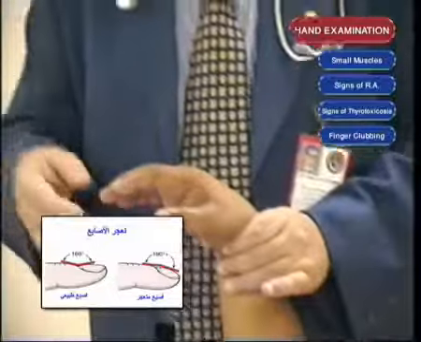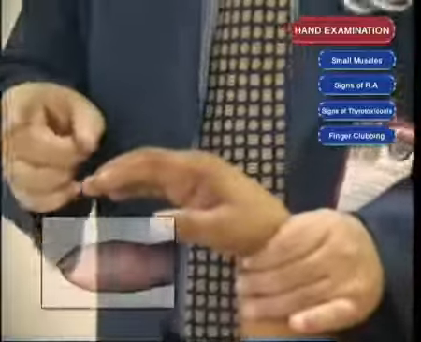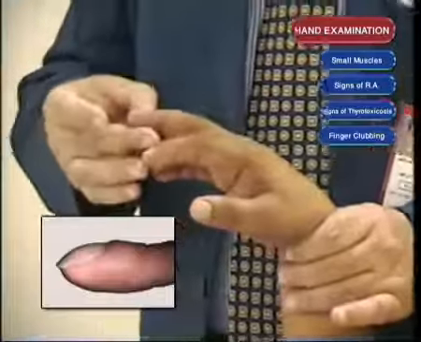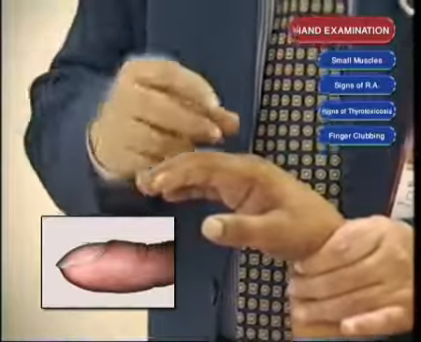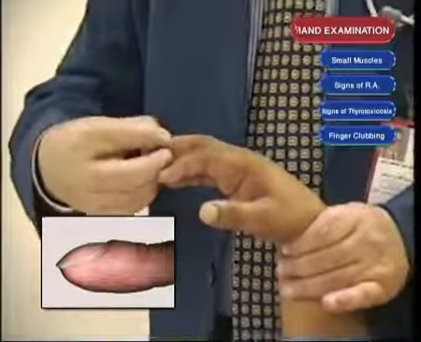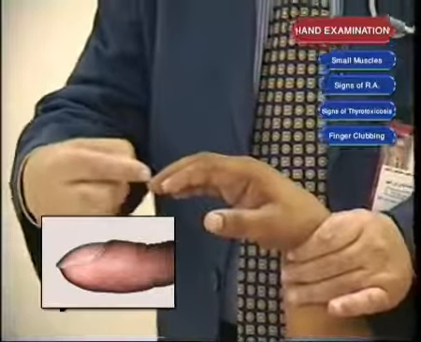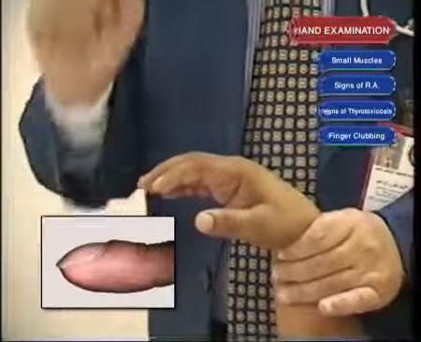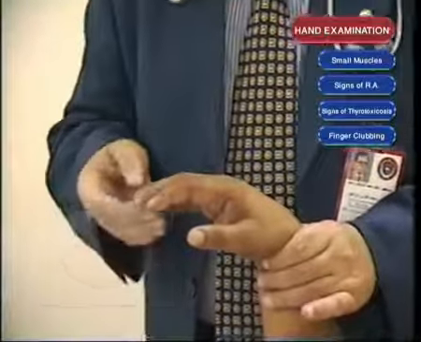But after that, in the second grade clubbing, there will be longitudinal curvature of the finger of the patient, like a parrot beak. And in the third grade, there will be a drumstick appearance, i.e. hypertrophy of the terminal phalanx around the nail and the nail bed. So it looks like a drumstick.